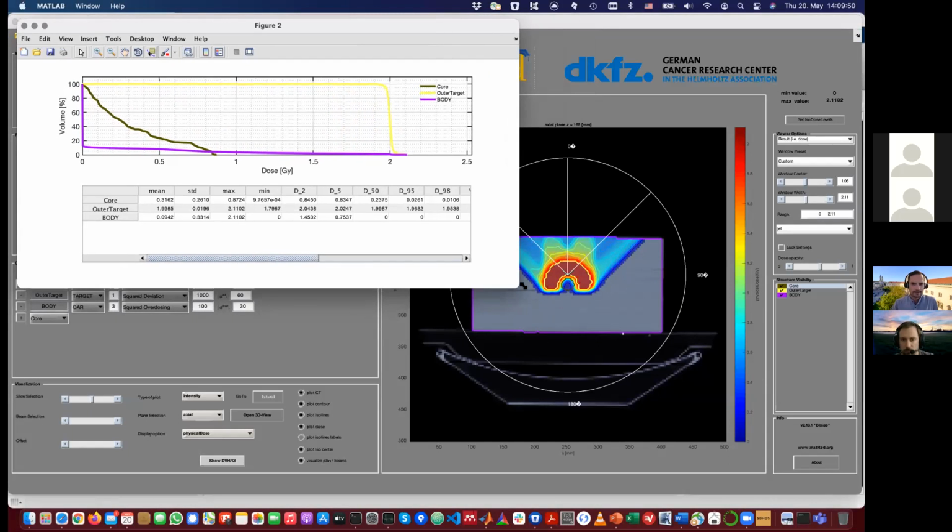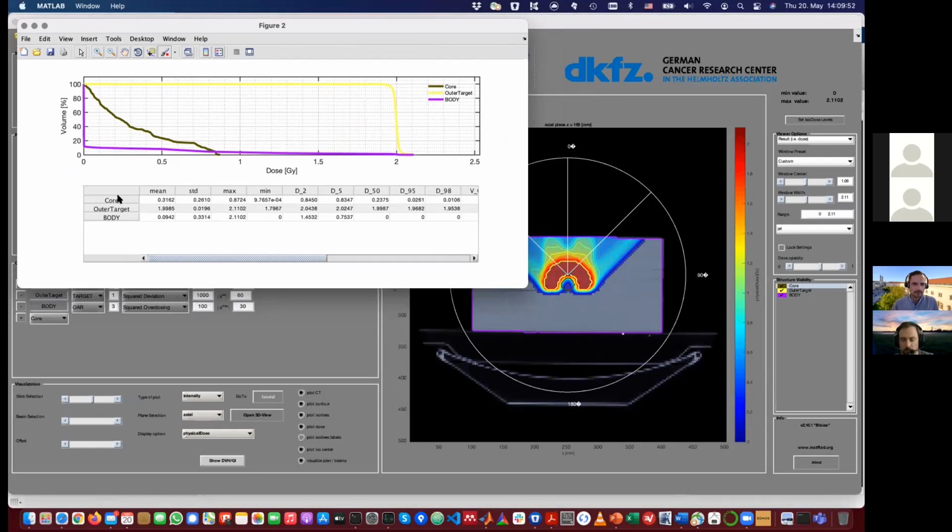And let's again have a look at some quality metric. I mainly look at the D95 for the outer target. This is the target here in yellow, and D95 is 1.96 gray.